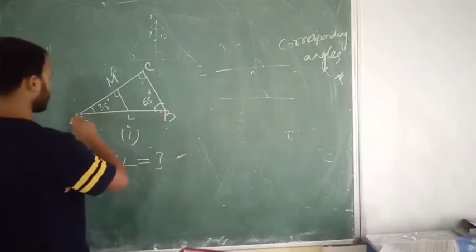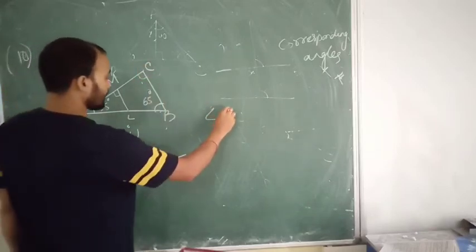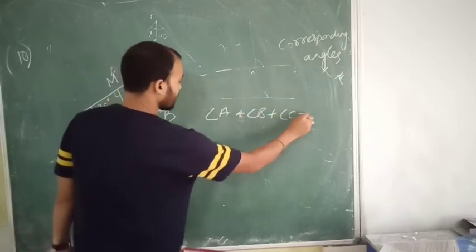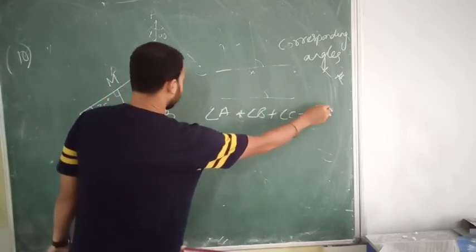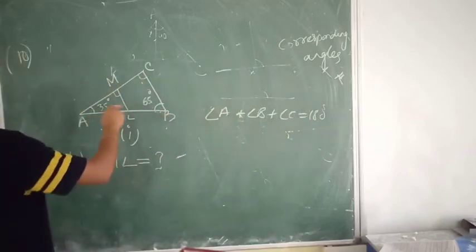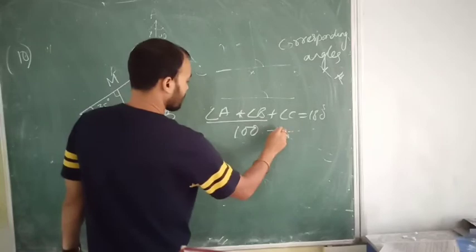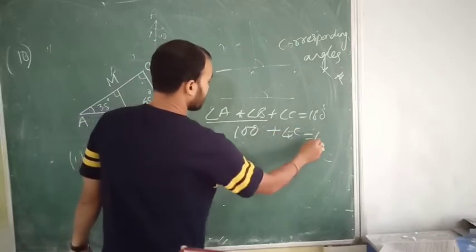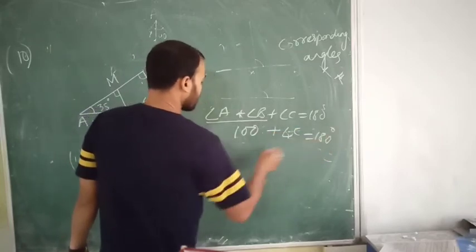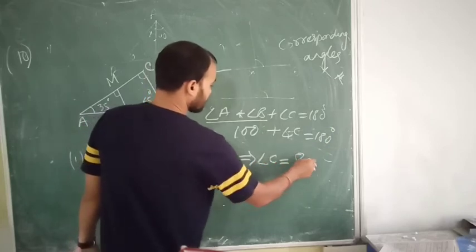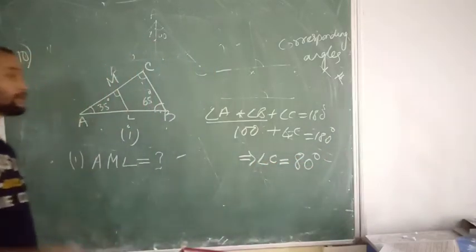In the whole triangle, angle A plus angle B plus angle C equals 180 degrees. This is given 100. These two sum up to 100. Angle C equals 180 minus 100, that is angle C equals 80 degrees. Fine.